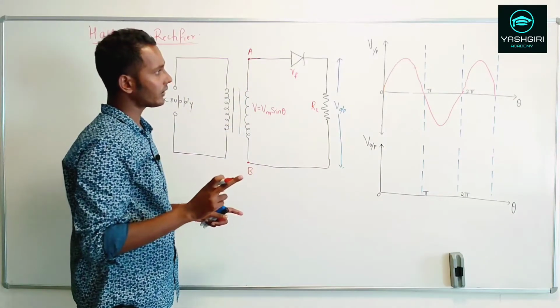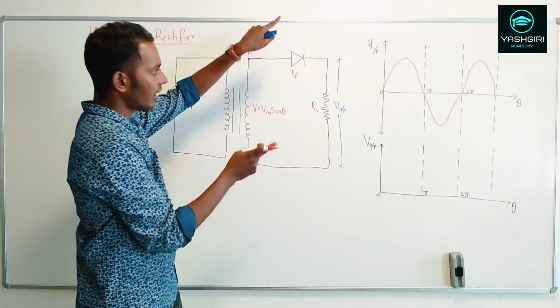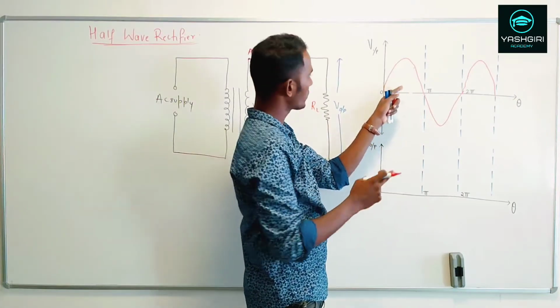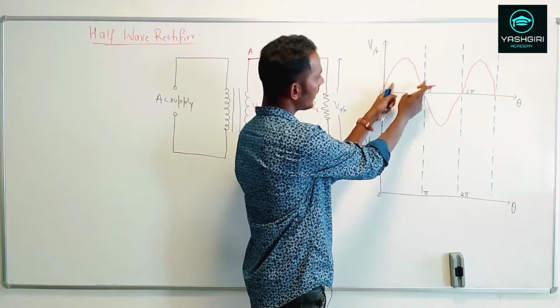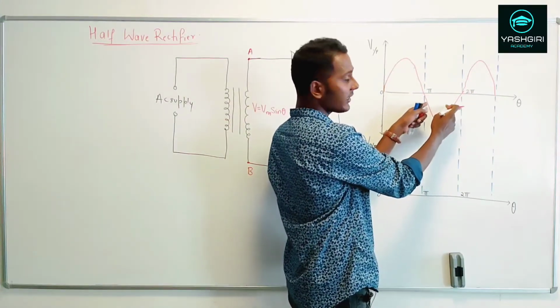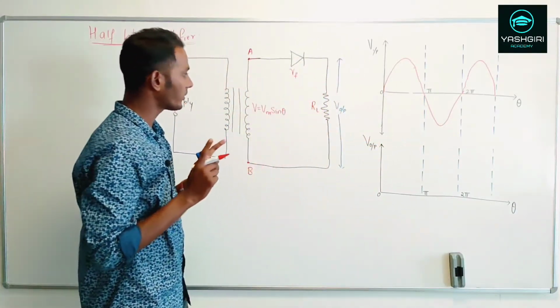Now if you note the AC signals carefully at the secondary winding, after every half cycle it changes the polarity. From 0 to pi, it's in a positive half cycle, and from pi to 2 pi it is changing the polarity, so it has a negative polarity. That's the first point to make a note of.